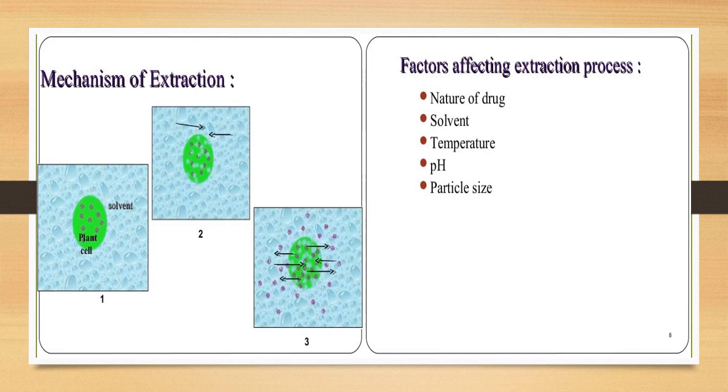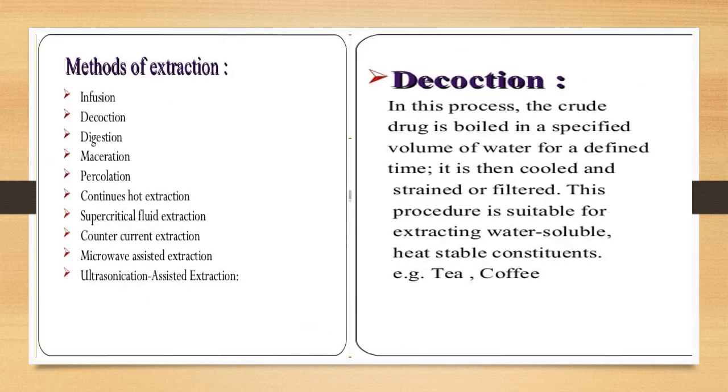In the third figure, the phytoconstituents present inside the plant cell start to interact with the solvent and separate into that solvent. There are some factors which affect the extraction process: nature of drug, solvent, temperature, pH and particle size.